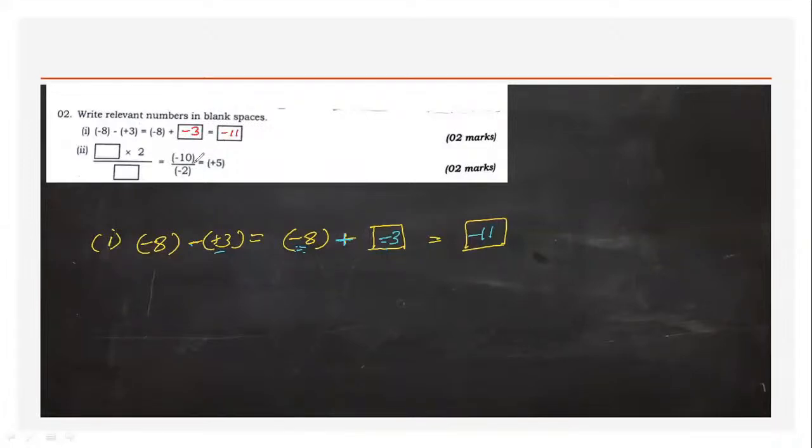Here, minus 10 and minus 2. To get the minus 10 here should be minus 5. Look at 2 times minus 5, minus 10. Then here definitely minus 2. Then minus 10 divided by minus 2, the answer is plus 5.